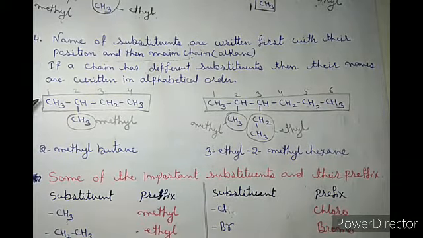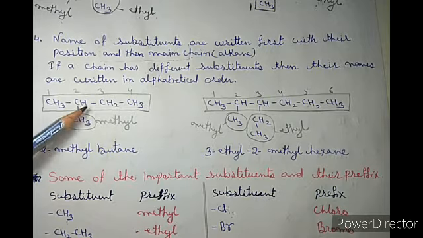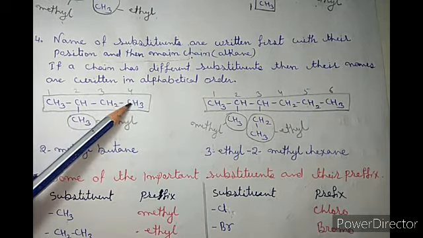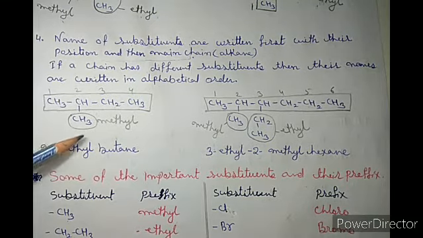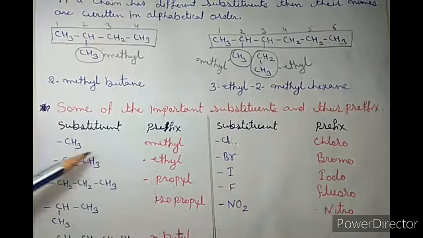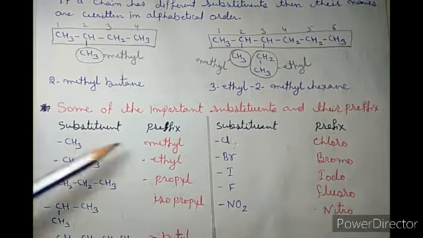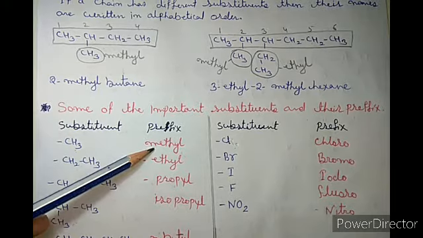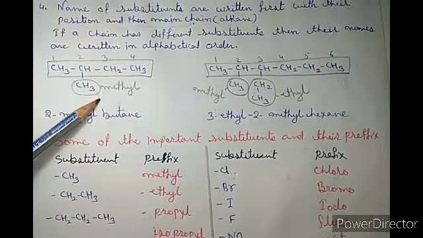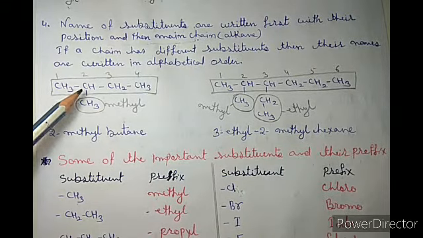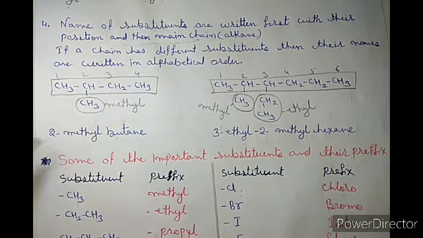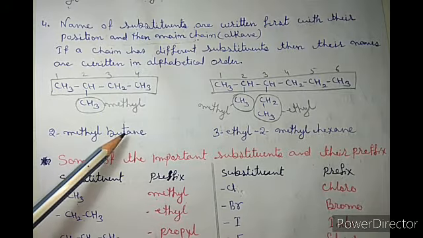which we discussed, here the main chain is 4 carbons, and that is the substituent. CH3 substituent, the prefix for CH3 is methyl. So we write the name of the substituent first. From which carbon is it attached? At the second number carbon. So its name and indication will be 2-methyl. And then we write the name of the main chain.